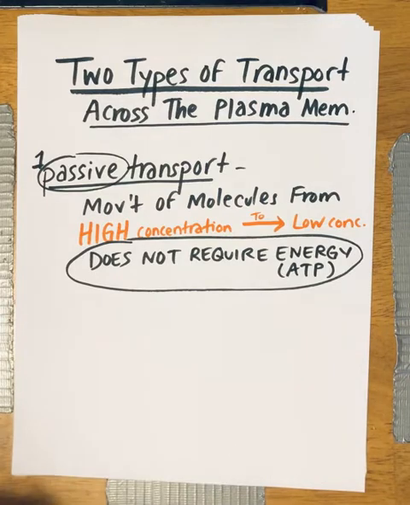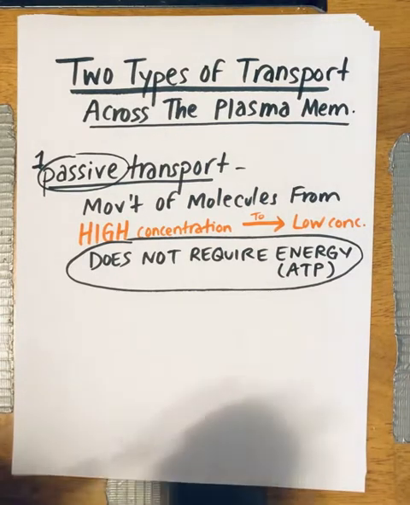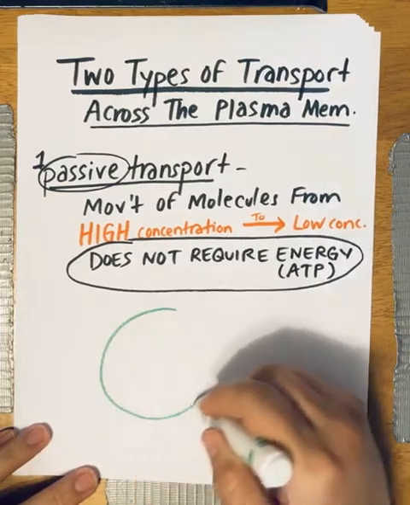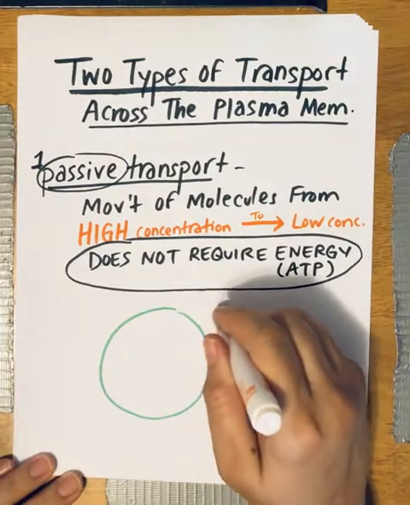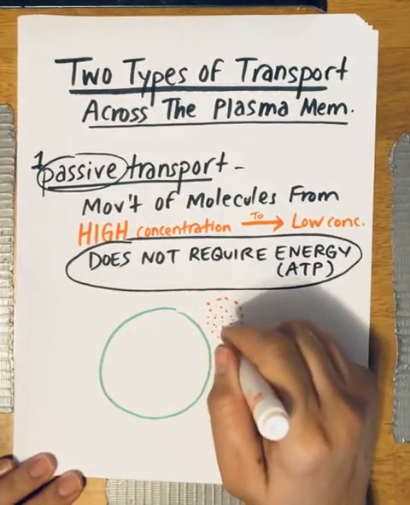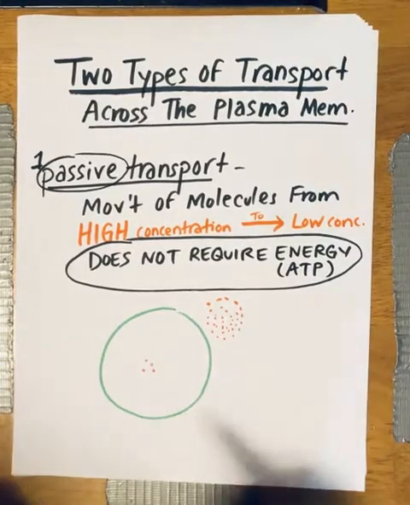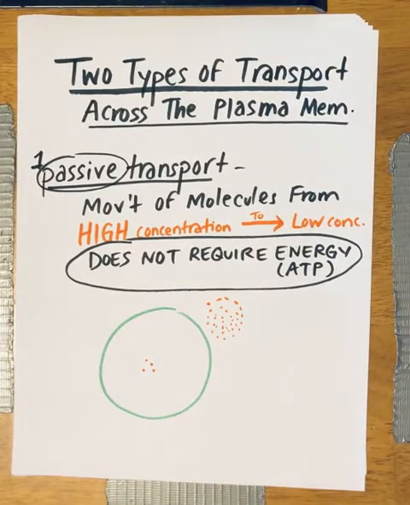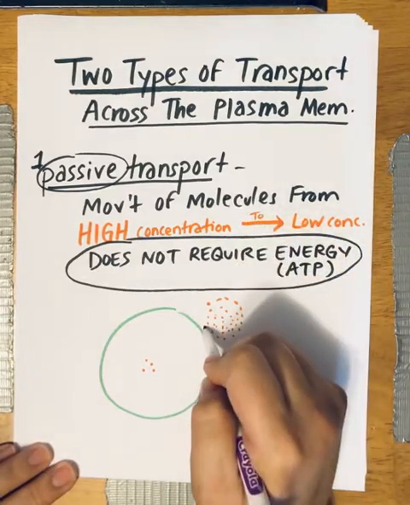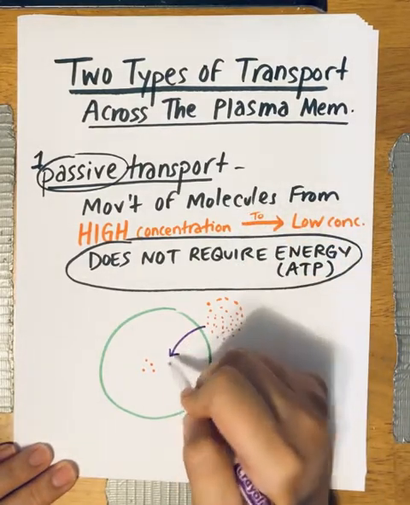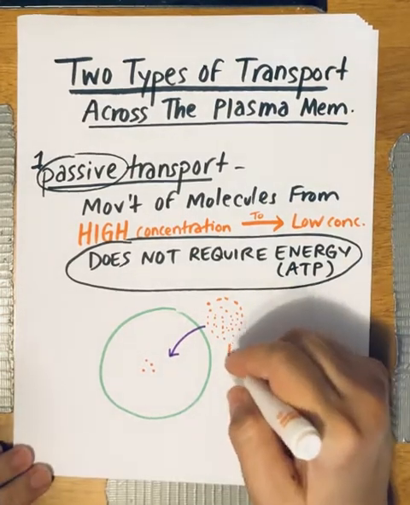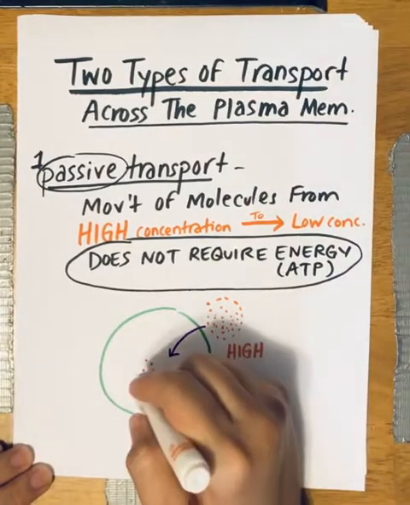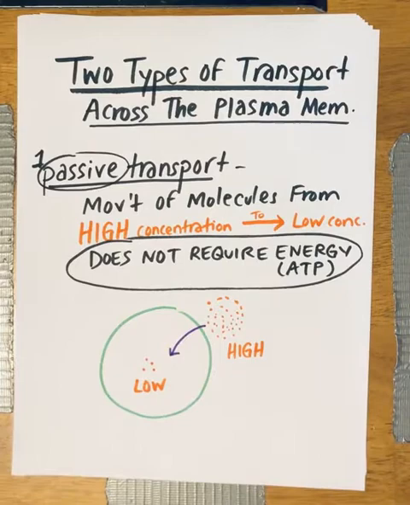So literally, this is going to be the movement of molecules from a high concentration to a low concentration. It's going from high concentration to an area of low concentration. That's all passive transport is.